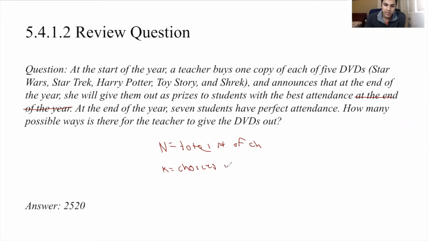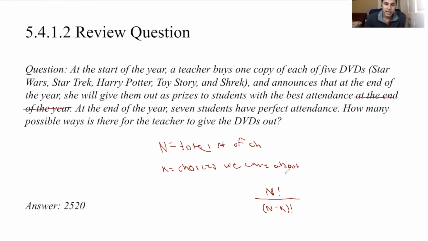So k is choices we care about. And our formula for this then is n factorial, the total number of choices factorial, divided by n minus k factorial. So now let's figure out what our n and k are for this question.